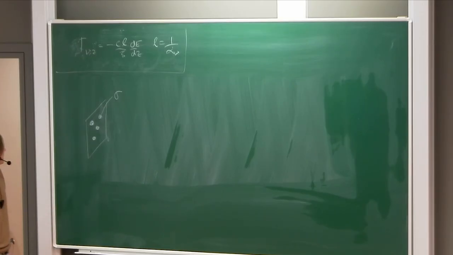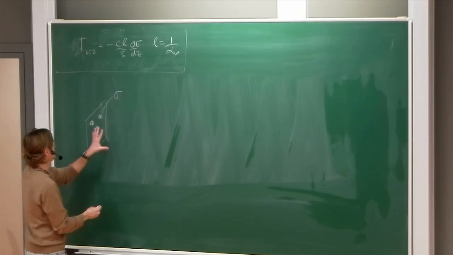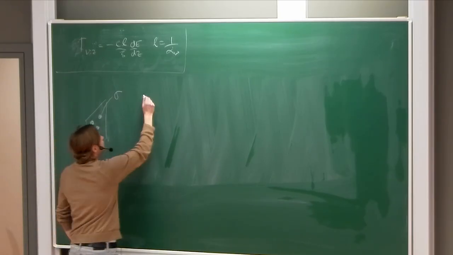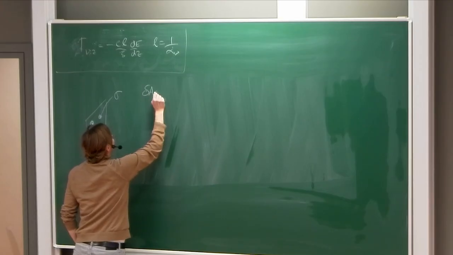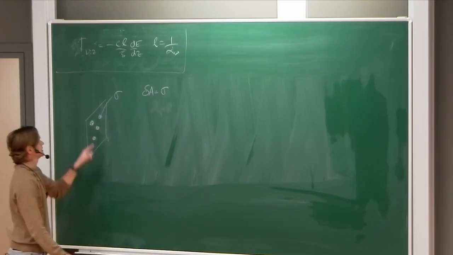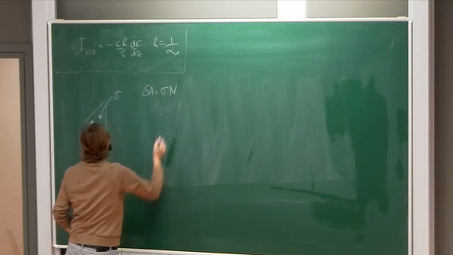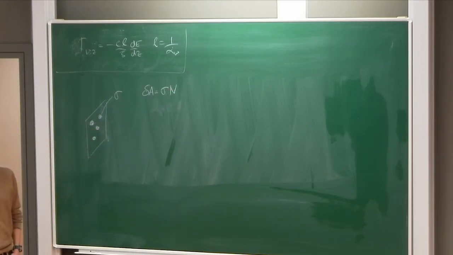And they then cover a fraction of this area, which I draw, hatched here, say delta A, which is then sigma times the number of absorbers in this case.